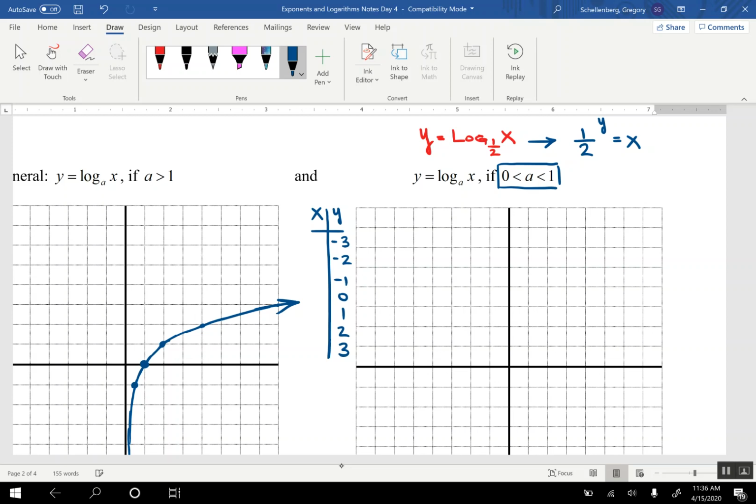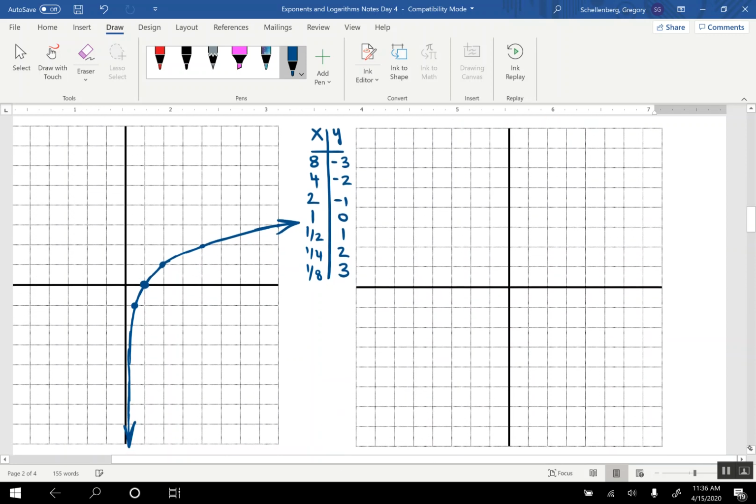So remember those negative exponents, we reciprocate the base. So this is going to become 2 to the power of +3 is 8. We get 4, 2, and 1. And then this is 1/2, 1/4, 1/8.